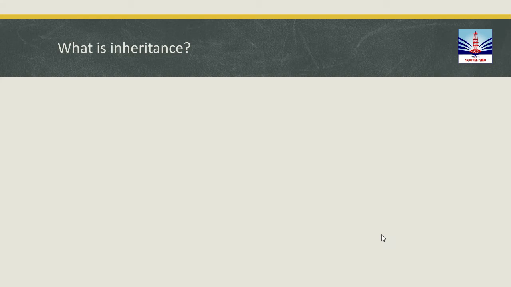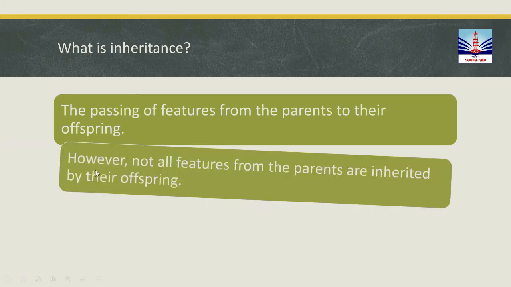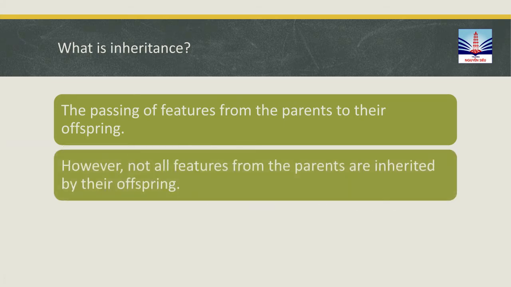All right. So yeah, I'm just gonna show it to you right now. Inheritance is the passing of features from the parents to their offspring. So I mean, yeah, it's simple enough, but sure, it covers the main ideas. However, not all features go through inheritance from the parents to their offspring. Hence, that's why you don't always look exactly the same as your parents.